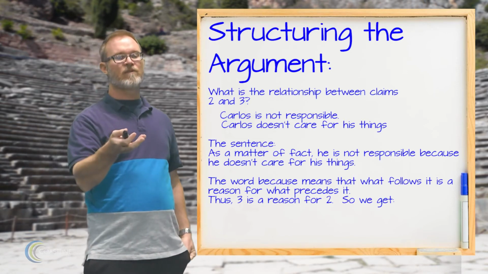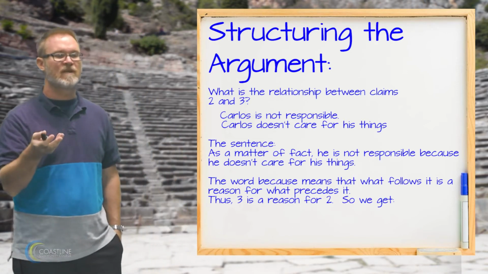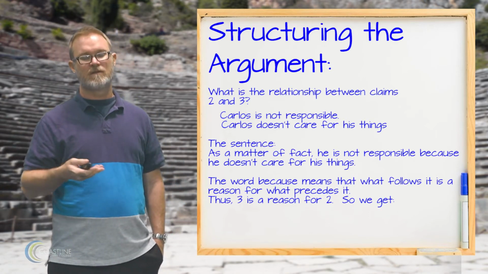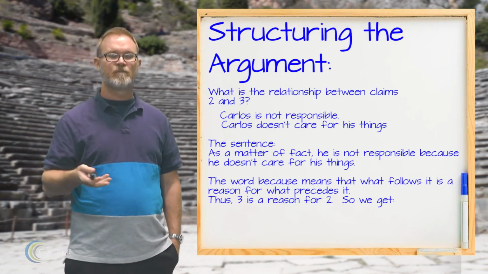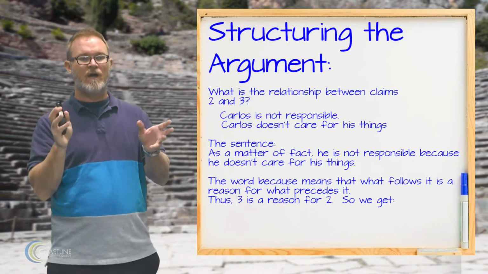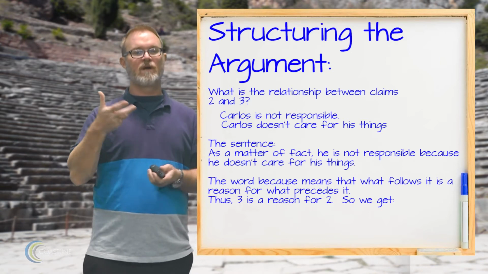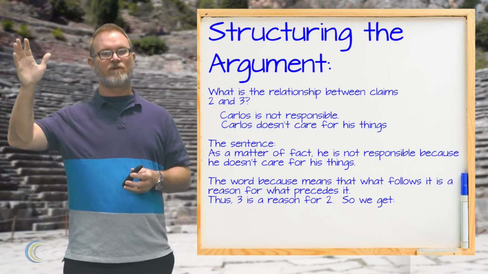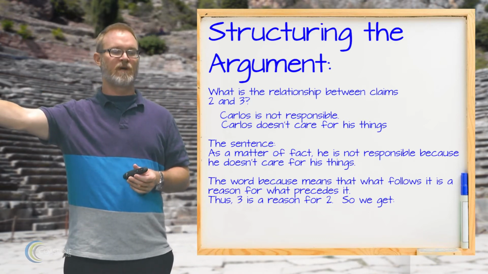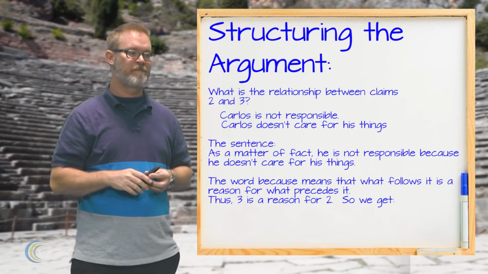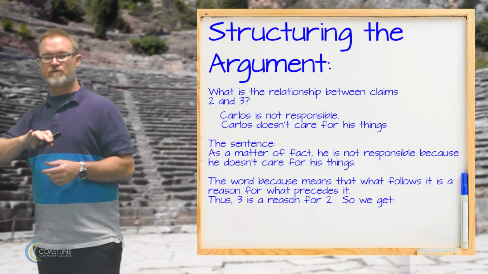Now, if you look back at the passage, you'll see that the sentence in which 2 and 3 occur goes like this. It says, "As a matter of fact, he's not responsible because he doesn't care for his things." Now, usually what a "because" does is it tells us that what is after the "because" is a reason for what's before, right? What's after is a reason for what's before.